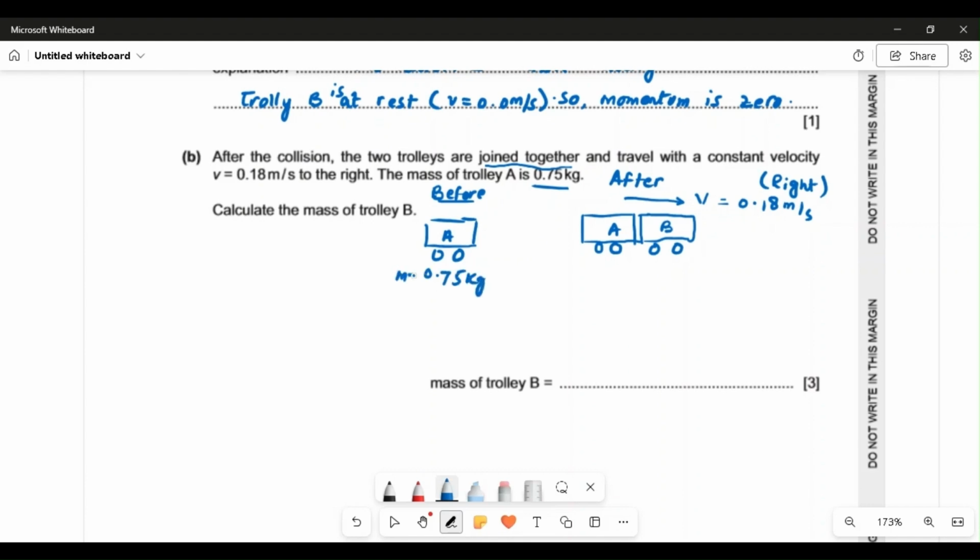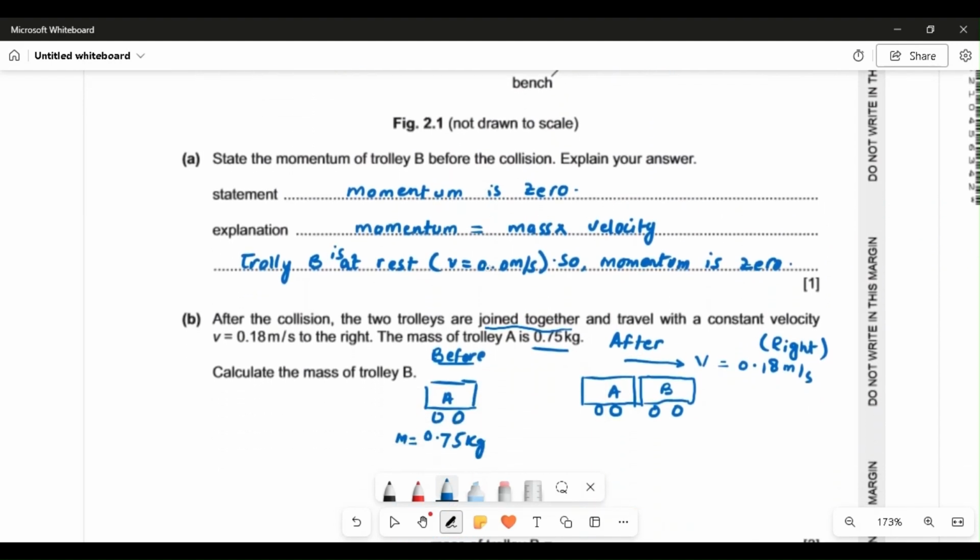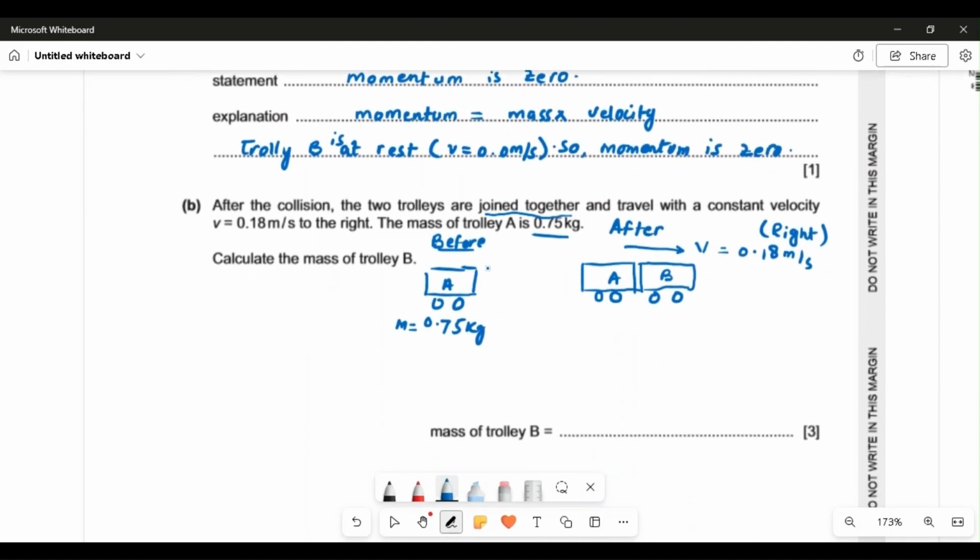This trolley A, as mentioned in the first figure, was moving with 0.44 meter per second to the right. But the second trolley B, we don't know the mass of this trolley.